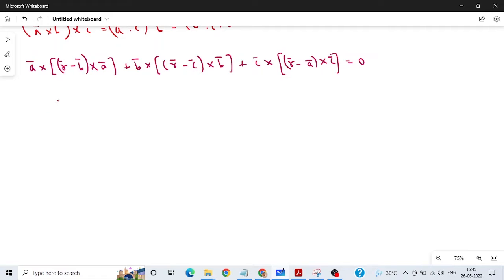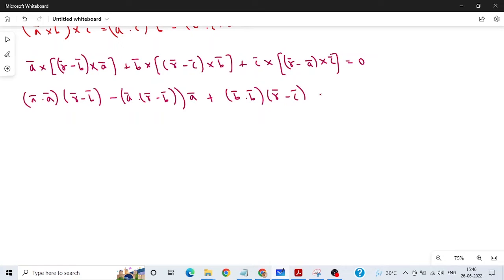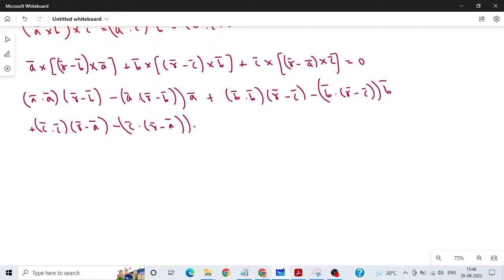By using the above formula, what we get is A bar dot A bar into R bar minus B bar, minus A bar dot R bar minus B bar A bar, plus B bar dot B bar bracket R bar minus C bar, minus B bar dot R bar minus C bar B bar, plus C bar dot C bar R bar minus A bar, minus C bar dot R bar minus A bar C bar.